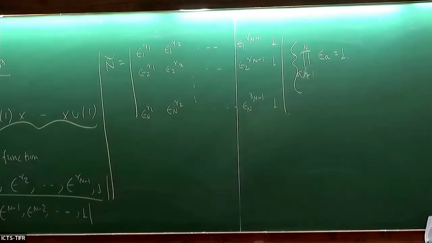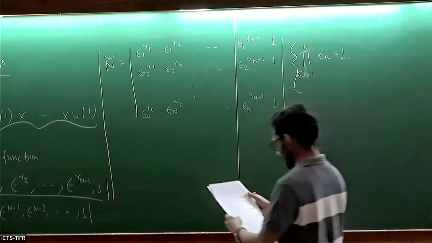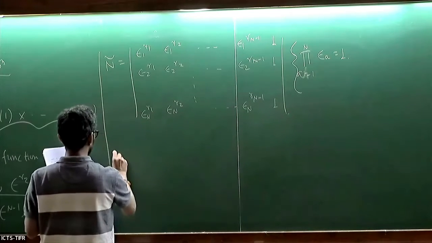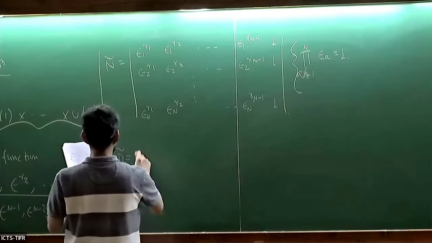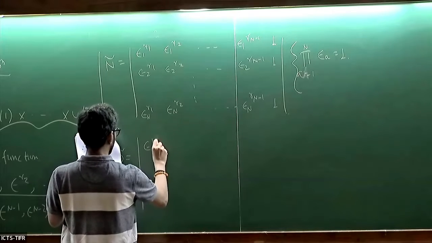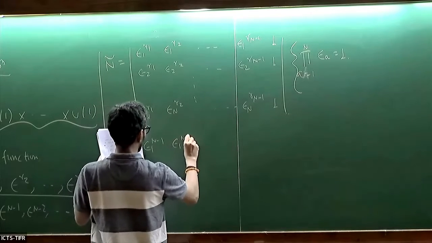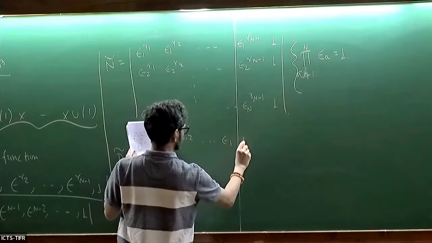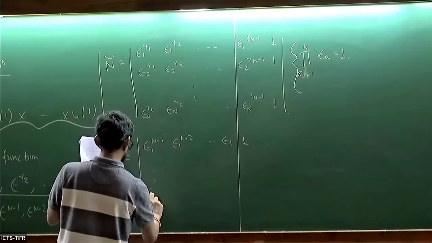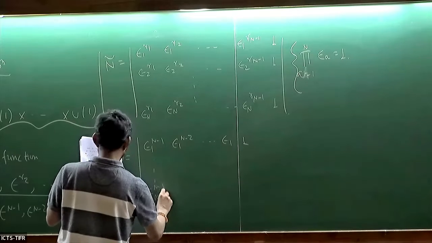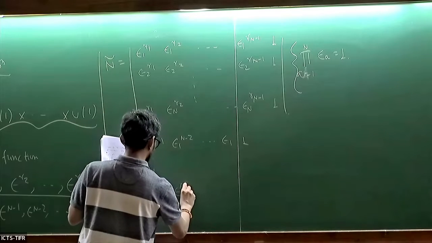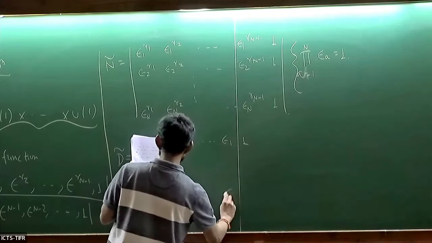Okay. And then we have to calculate the denominator also, which I am calling D tilde, which is written as epsilon 1 to the n minus 1, epsilon 1 to the n minus 2, epsilon 1, 1, and then epsilon n to the n minus 1, epsilon n to the n minus 2, epsilon n, 1.